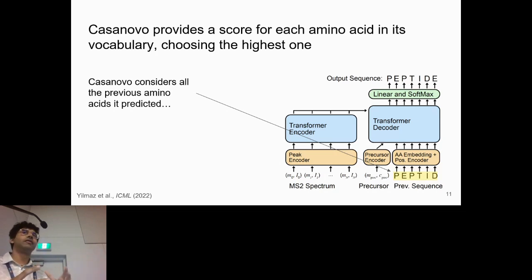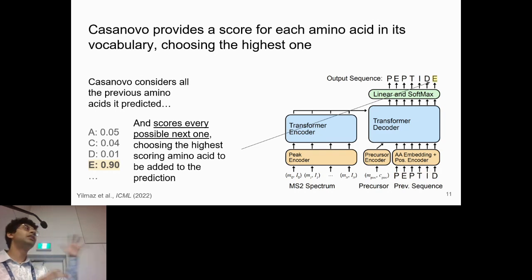So how Casanovo actually makes de novo predictions for peptides is, say we're in the middle of predicting a sequence, right? And it has so far predicted PEPTID. So it takes into consideration the spectrum information as well as those previous amino acids it has predicted. And for every single amino acid in its vocabulary, I have a couple here, it generates a score. So it says, I think A doesn't really belong in the next position.